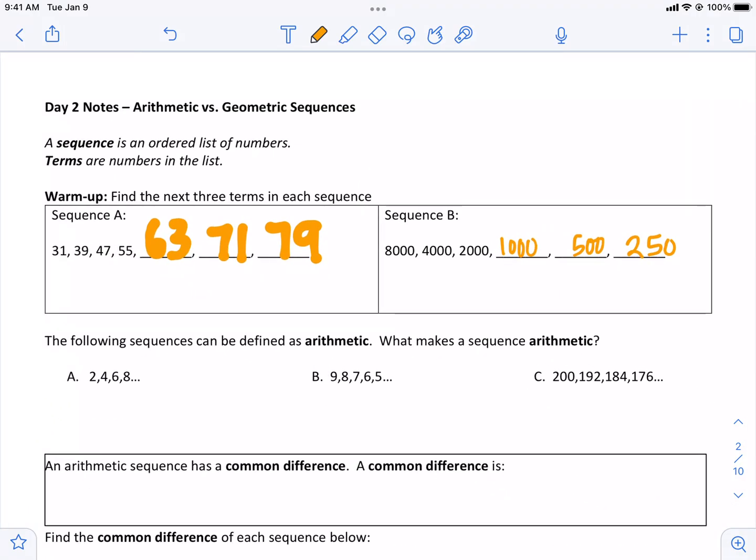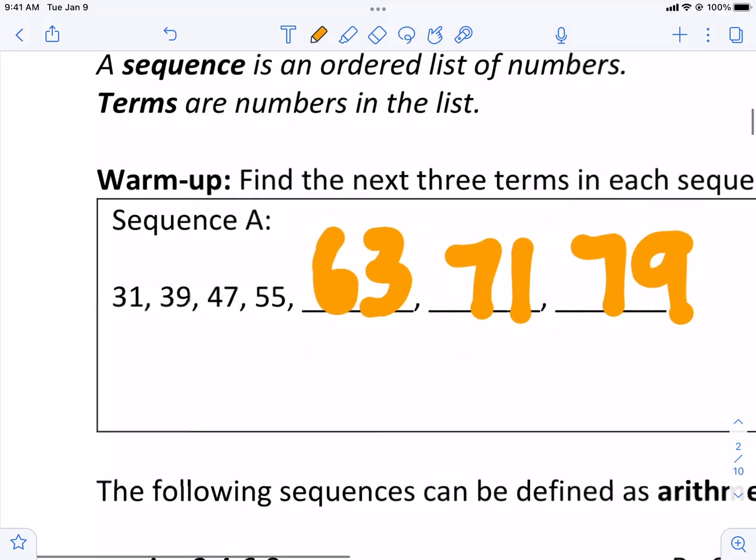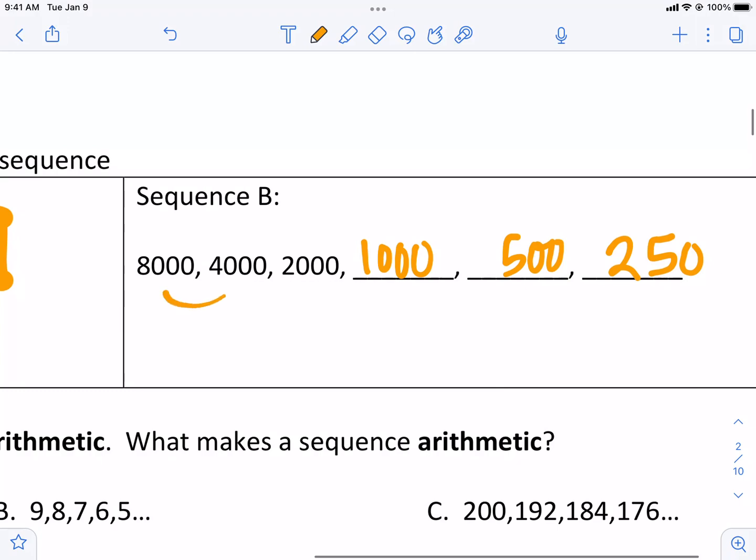All right, so I might ask you, how did you find those terms? If you notice in sequence A, we're just adding 8 to each number to find the next number. And then in sequence B, we can say we're multiplying by 0.5, or you can say we're dividing by 2.